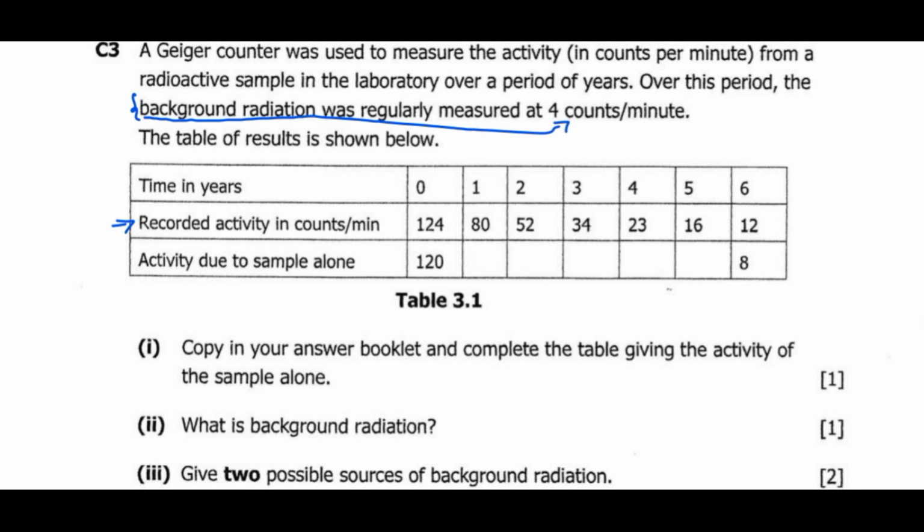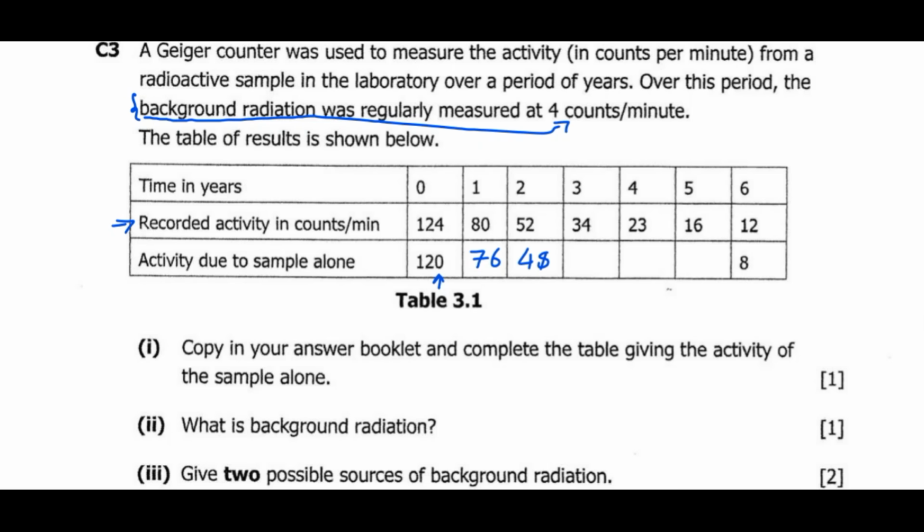So for us to get this number, you subtract: 124 minus the background, which is 4, you get 120. Then 80 minus the background radiation gives us 76. Then 52 minus 4 gives us 48.